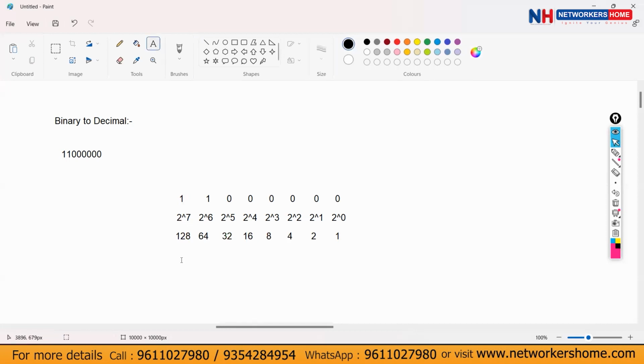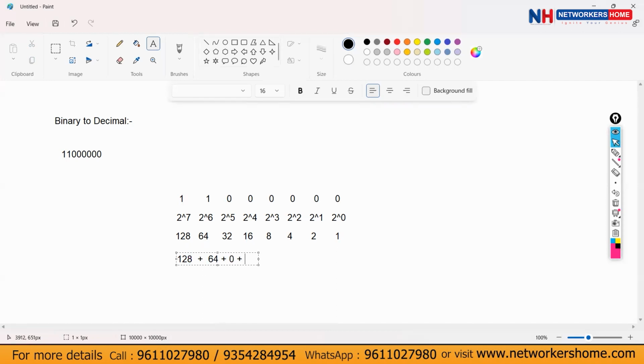Now multiply this row with this row. 128 into 1, what is the answer? 128. You need to add the digits. Plus 64 into 1, 64. Plus 32 into 0, 0.